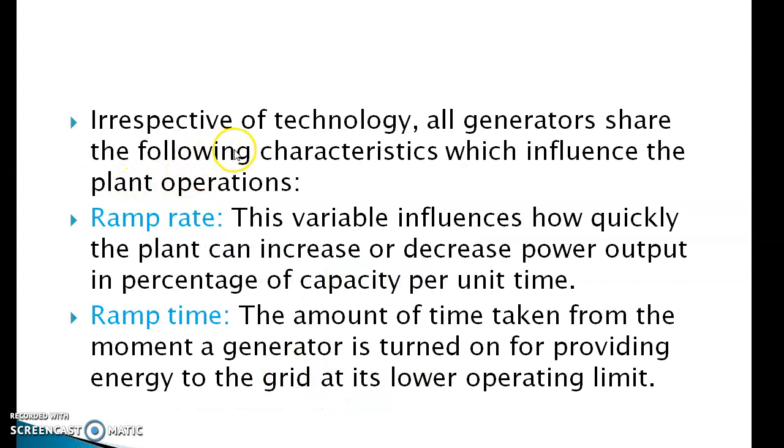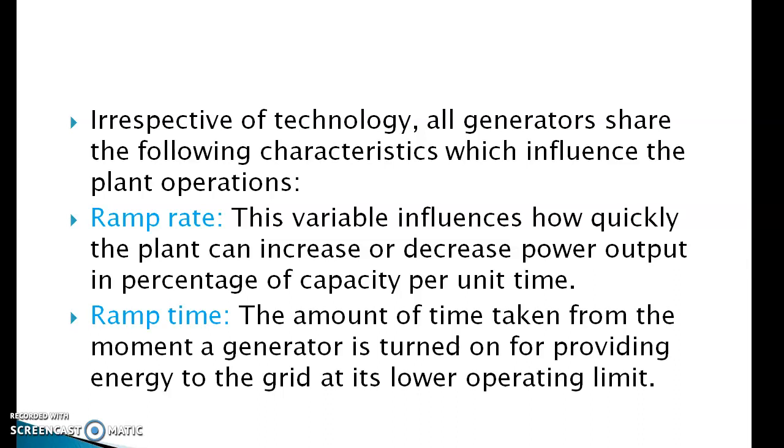Irrespective of the technology, all the generators share the following characteristics which influence the plant operations. Ramp rate: it influences how quickly the plant can increase or decrease power output, in percentage of capacity per unit time.